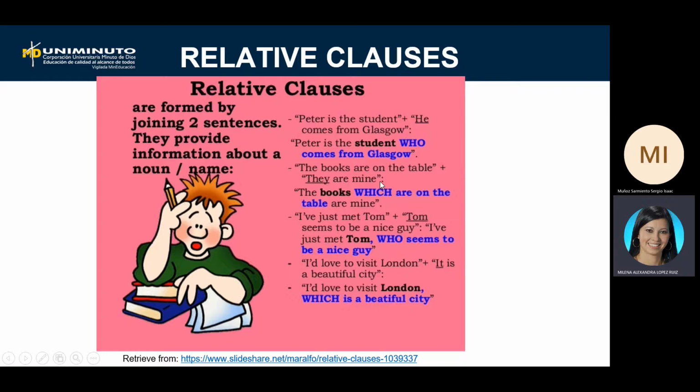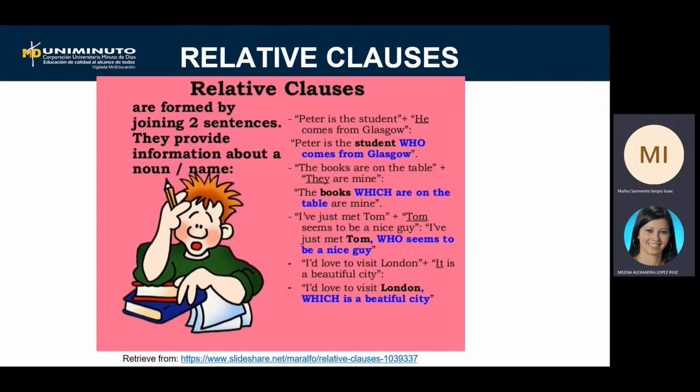It sounds weird, correct? It sounds awkward. So that's why I have to see where I can place my relative clause. Here the best option is to say the books which are on the table are mine. Do you see how I replace this with the relative clause? Yes? Yes, teacher. Good.